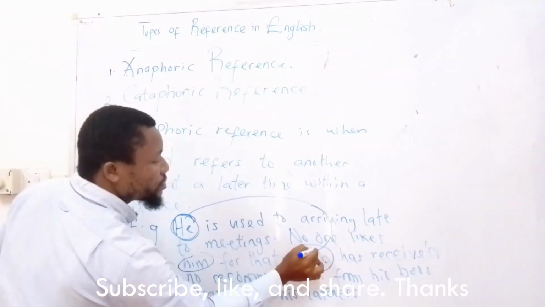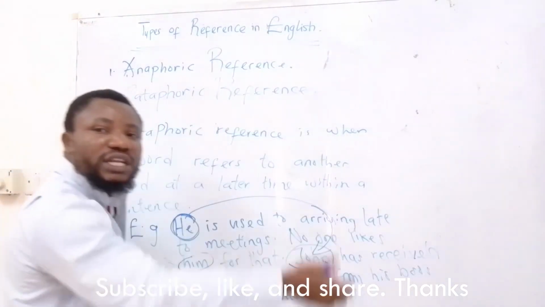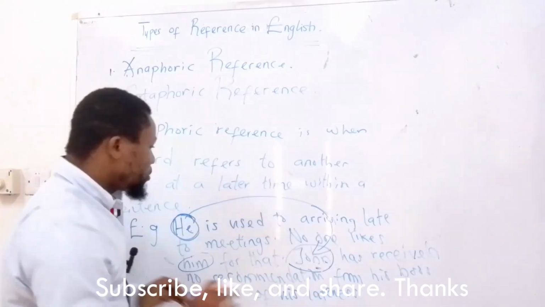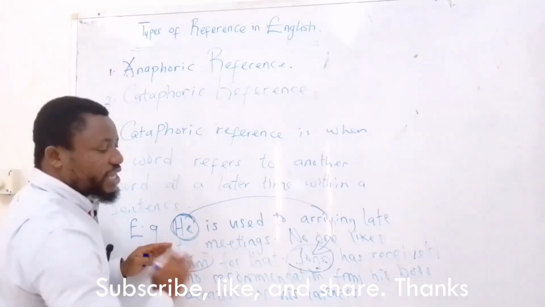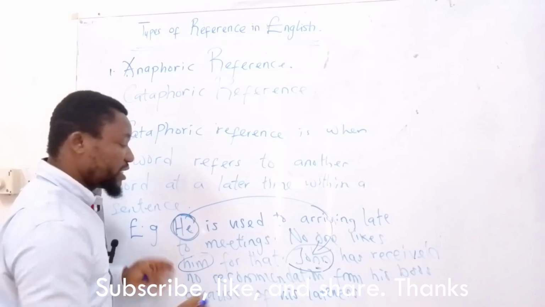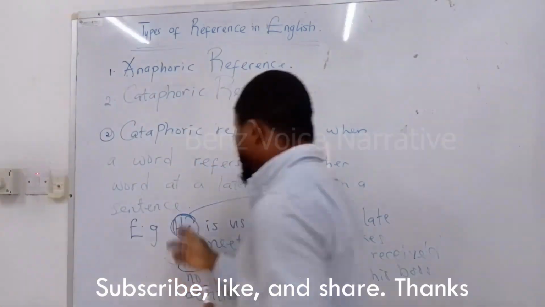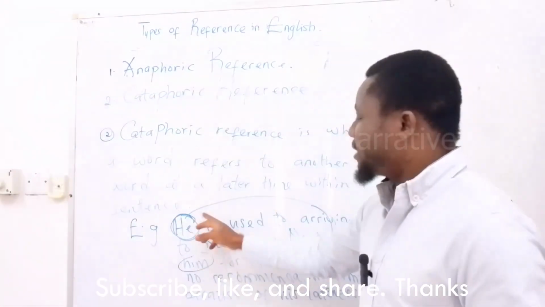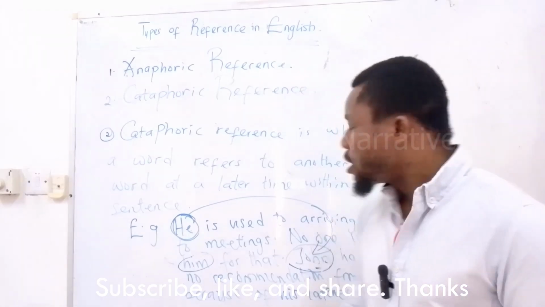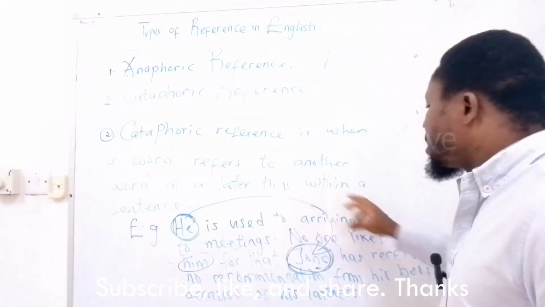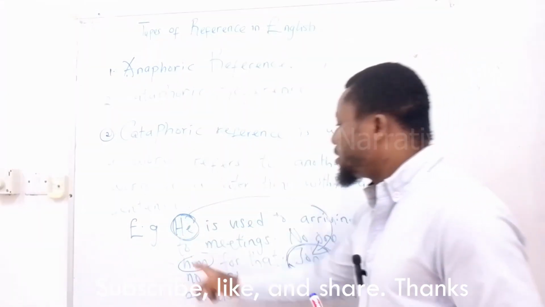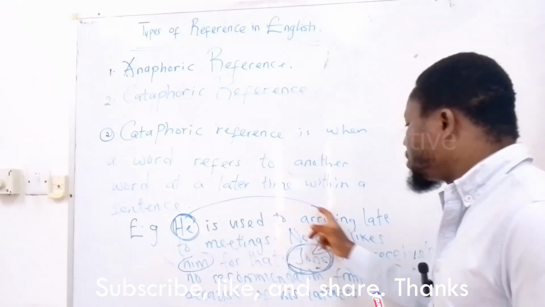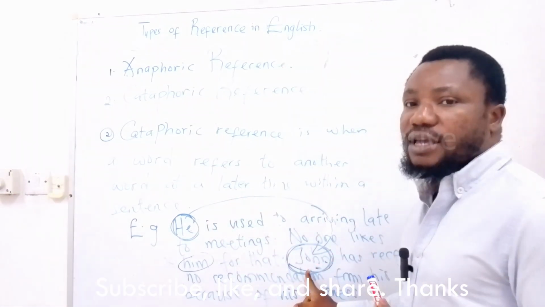We need to travel to a later time. We need to go ahead into the passage, into the piece of writing to know the reference of this word he. This type is known as cataphoric reference because he refers to an item that is ahead.